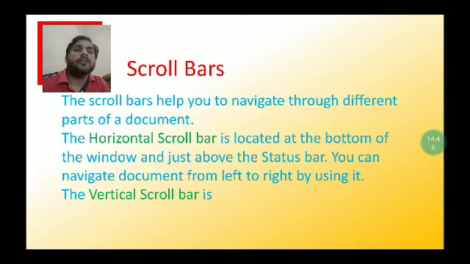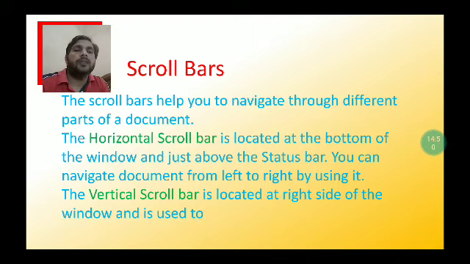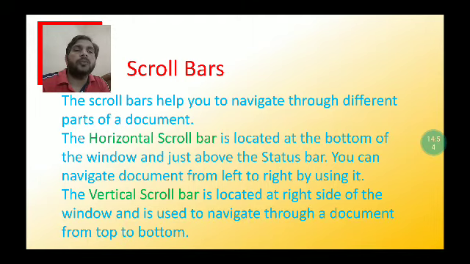The vertical scroll bar is located at the right side of the window and is used to navigate through a document from top to bottom. So scroll bars are used to navigate the document. If we have to move in the horizontal direction, we can use the horizontal scroll bar, and if we have to move in the vertical direction, we can use the vertical scroll bar.